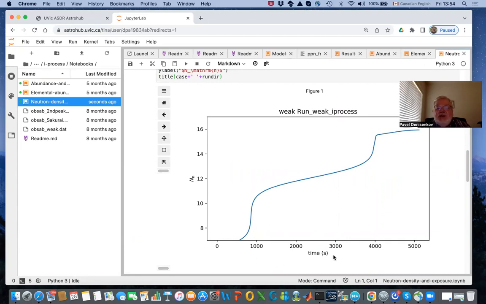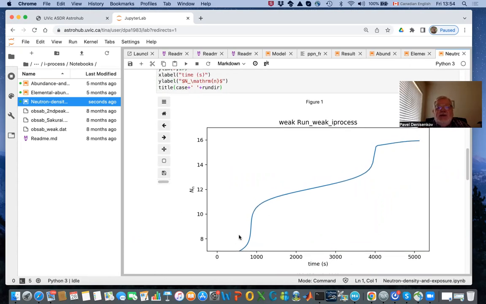This is integration time in seconds, and this is neutron density in neutrons per cubic centimeter. You can see how neutron density was increasing with time in the computations that we've just done. It goes to 10 to the 12, and finally it reached close to 10 to the 16 neutrons per cubic centimeter for the weak process. What we mean by weak process, you can read about in the provided references.